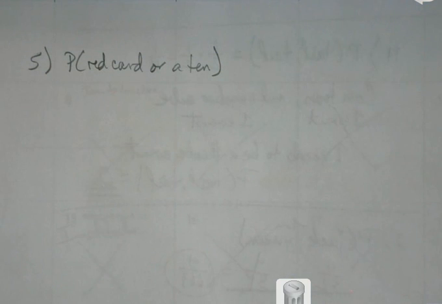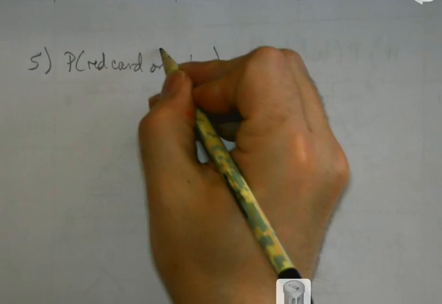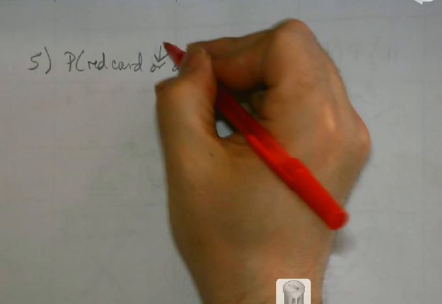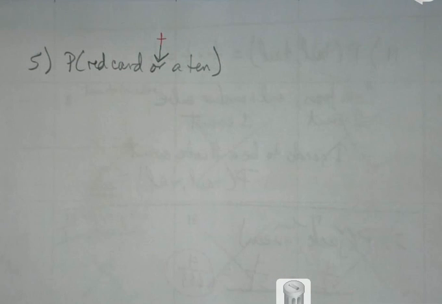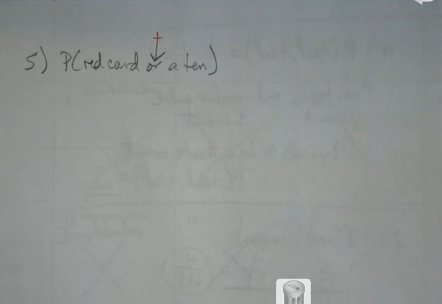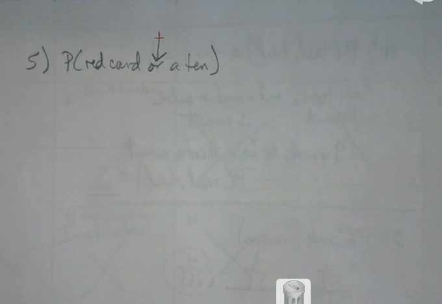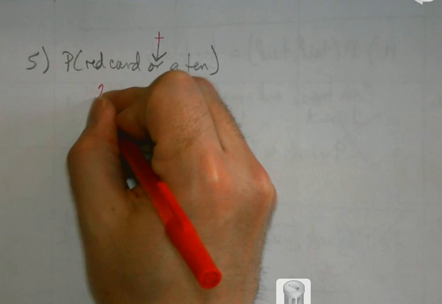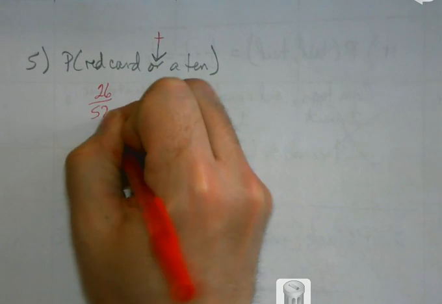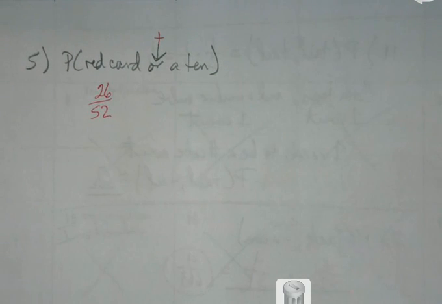Okay, so there's OR, which tells me I'm going to be adding these probabilities together and then subtracting any overlap that we have. So this is where I would leave my fractions whole until the end. So red cards, how many red cards are in a deck? 26. Okay, so 26 out of 52. Notice I'm not reducing yet. I'll do that at the end.